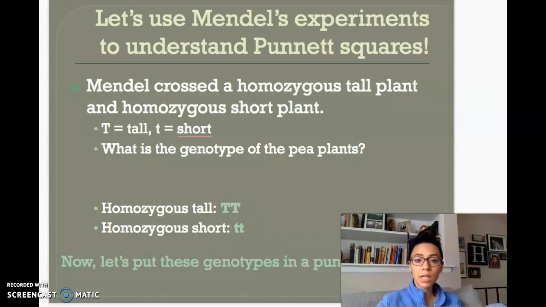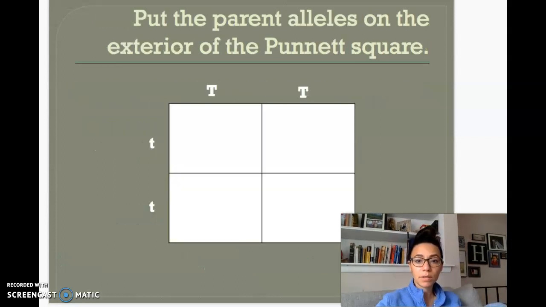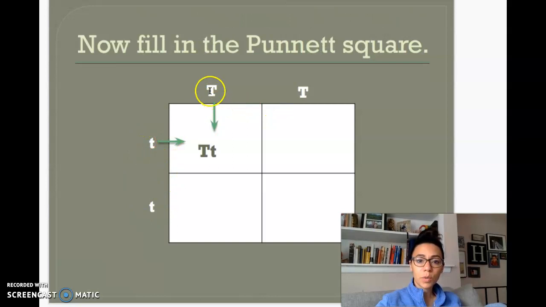Okay, so now let's see what the possibilities for the offspring would look like from this cross. How we do that is we put one parent's alleles on the top, the other parent's alleles on the side. So we've got the homozygous tall on the top, homozygous short on the side. And all you do is you bring the top letter down and the letter on the side across to fill in each box.